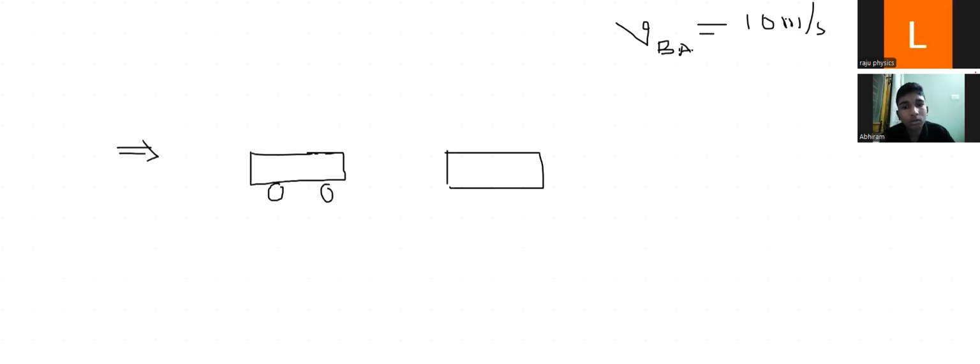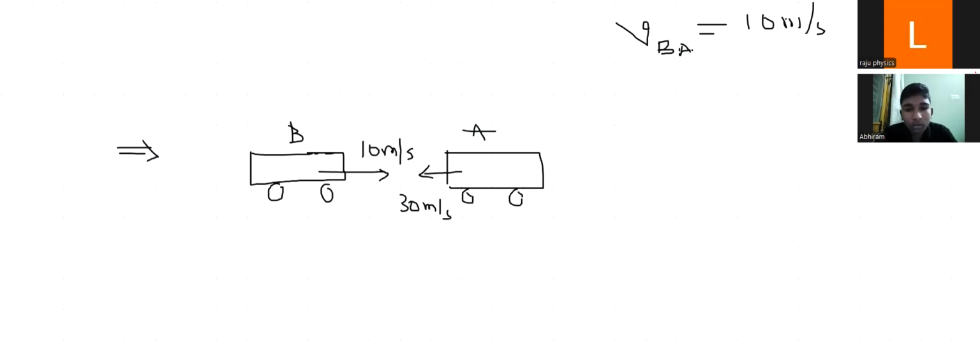For example, this is car B and this is car A. Car A is moving with a speed of 30 meters per second. Car B is moving with a speed of 10 meters per second.